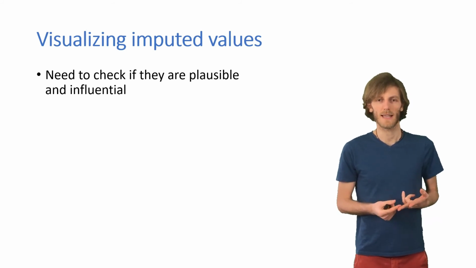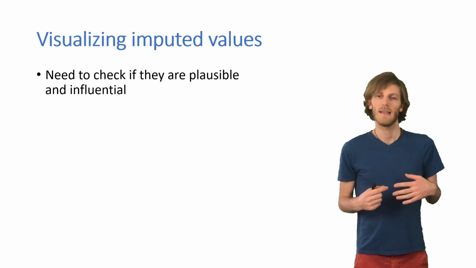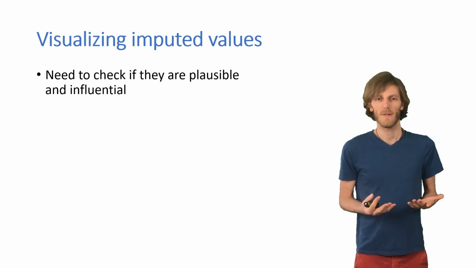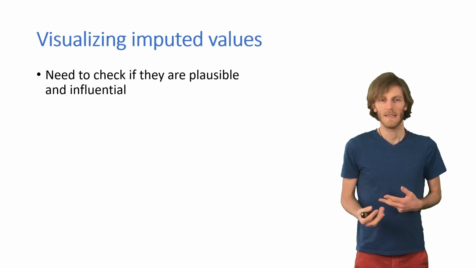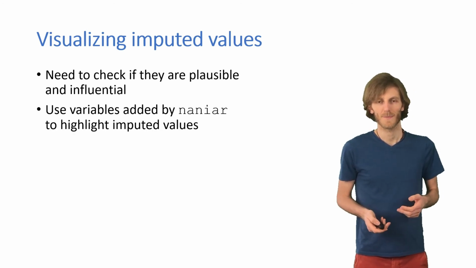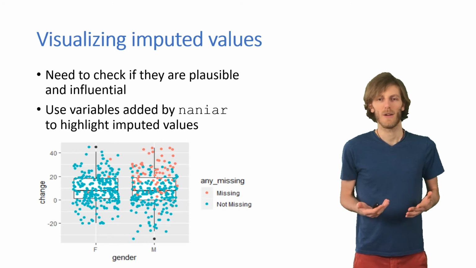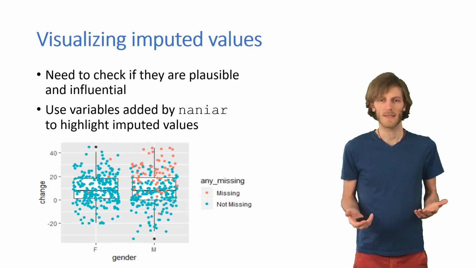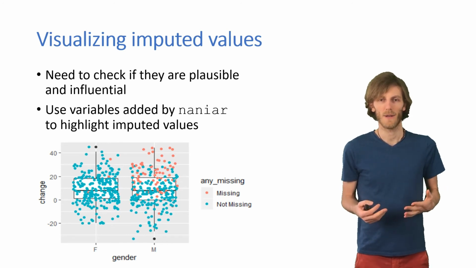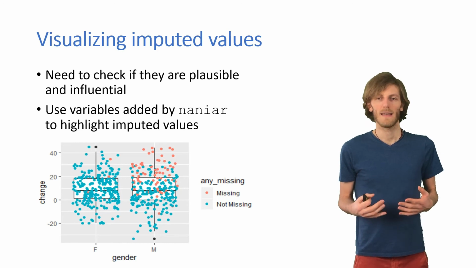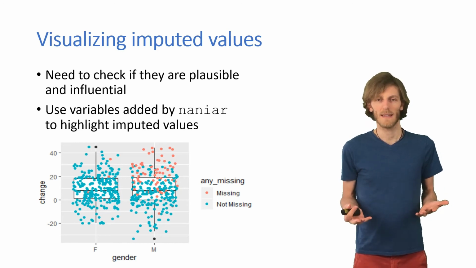An easy way to check it is by coloring them in the visualization, using the additional columns. So here I'm now plotting two box plots of the change scores for boys and girls. And I'm coloring the points based on whether any data was missing at the start.